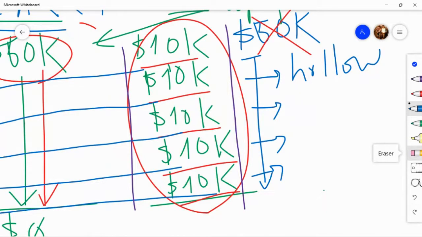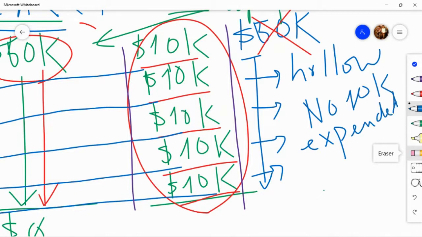From year 2 through year 5, no 10K was actually expended, because 50K was paid already at time 0. You incurred 50K at time 0, so everything happened in year 1.